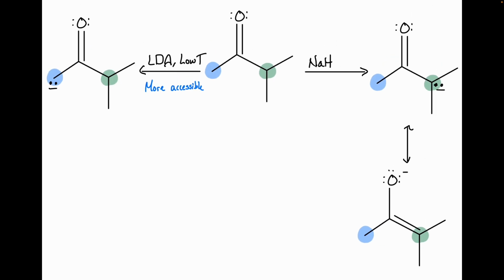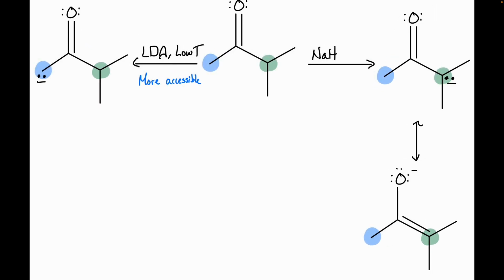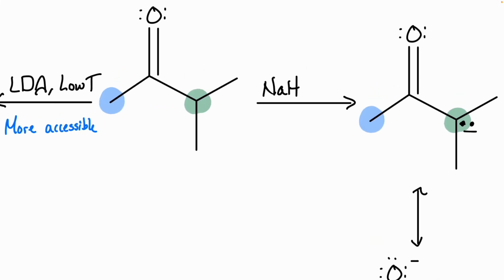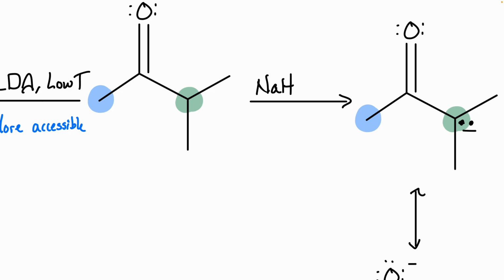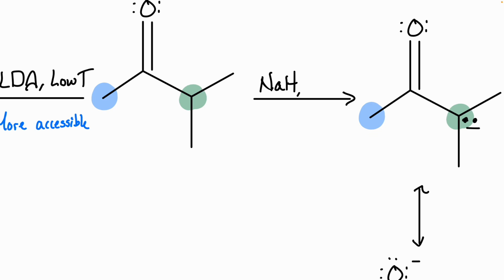And so why is the green carbon more favored? We have that more substituted enolate, right? So the green one is actually the more thermodynamically stable. Again, we can make this even more dramatic, preferring that thermodynamic product, by carrying this reaction out at high temperatures.